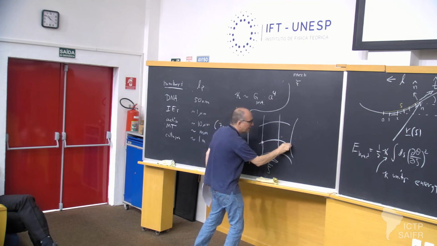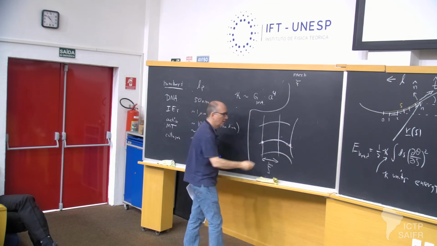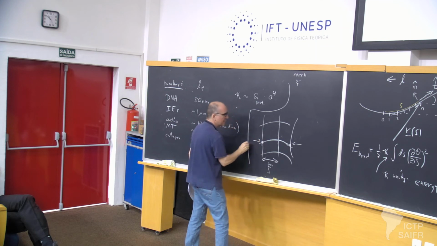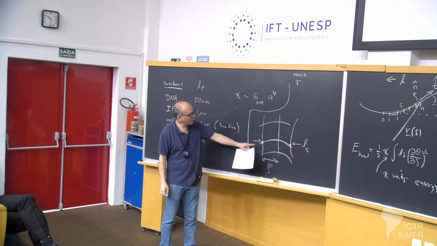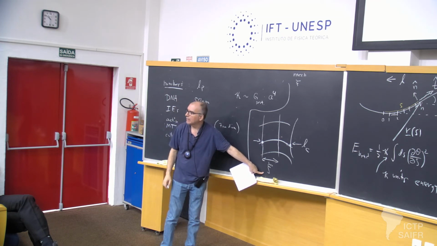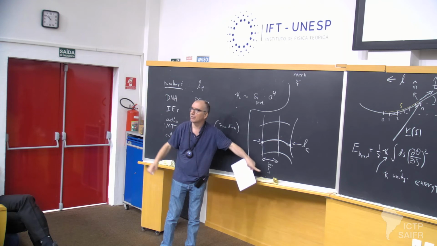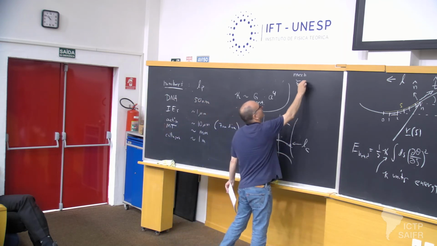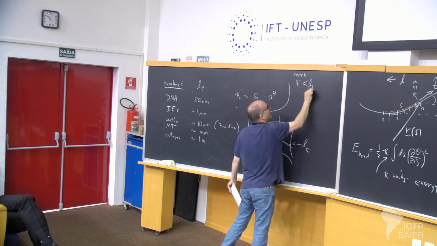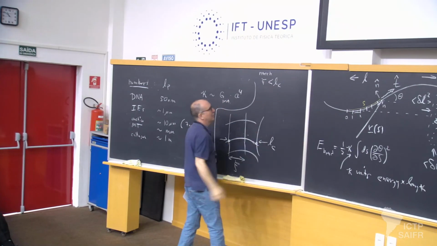Maybe there are cross-links at these two junctions, so that I have a distance between cross-links, LC, which, by the way, can never be smaller than the mesh size, because it doesn't make sense to cross-link a polymer to itself. It's got to be a cross-link to someone other than yourself, so to speak. So this relationship should hold.